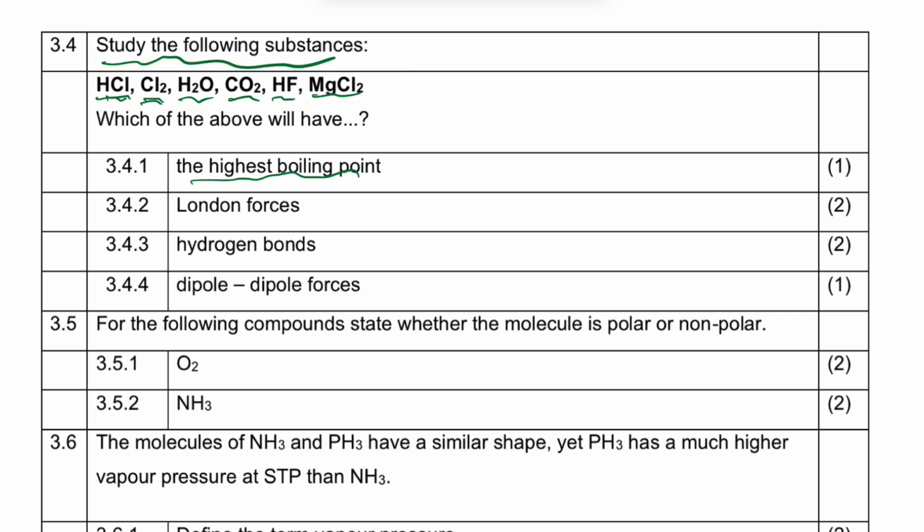The ionic compound here is the last one, which is MgCl2, right? And then the one with the London, guys, is the nonpolar. This one and this one are nonpolar, so it's Cl2, because these are the nonpolar. So the nonpolar has the London, and the CO2.